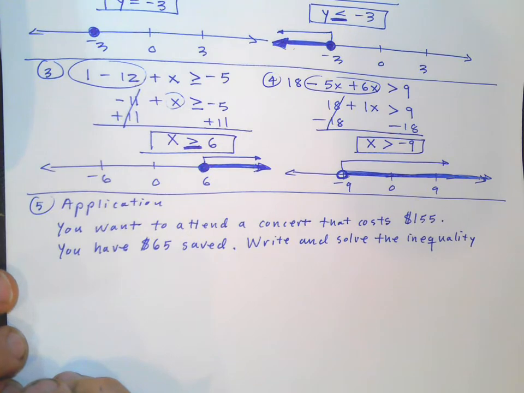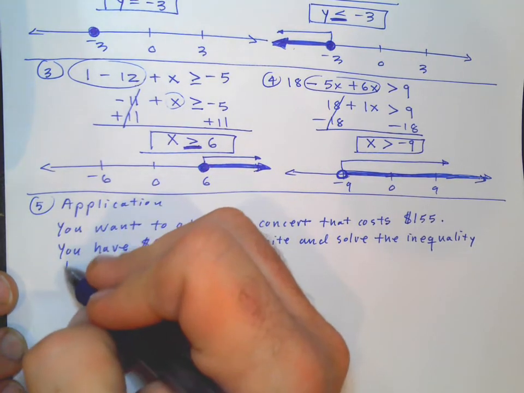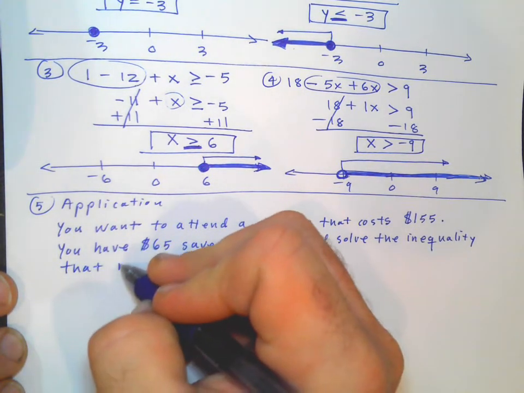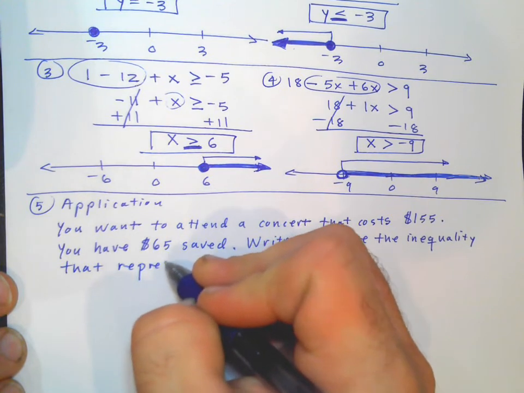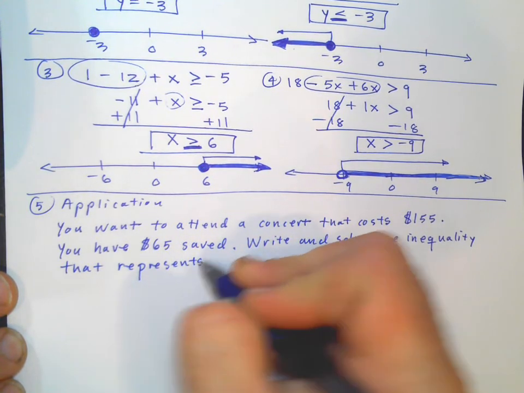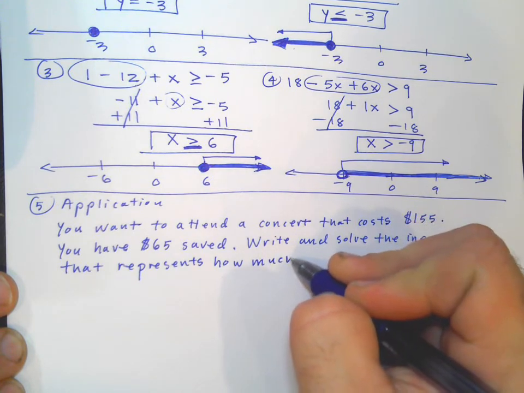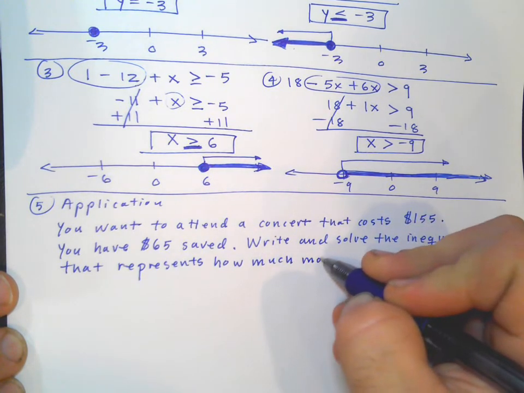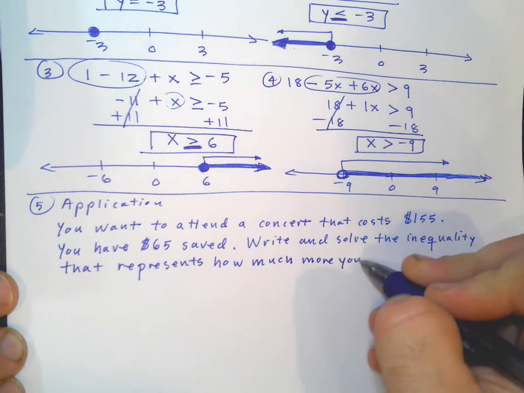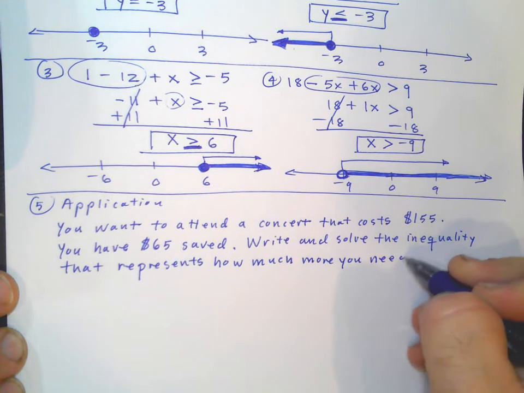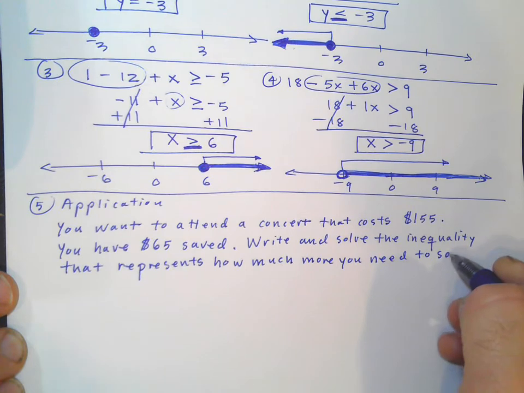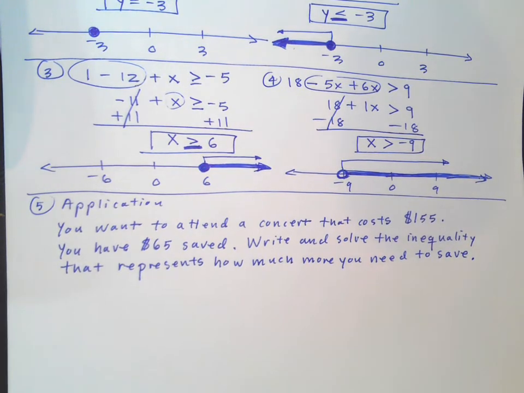The inequality that represents how much more you need to save. Okay, so write the problem down.